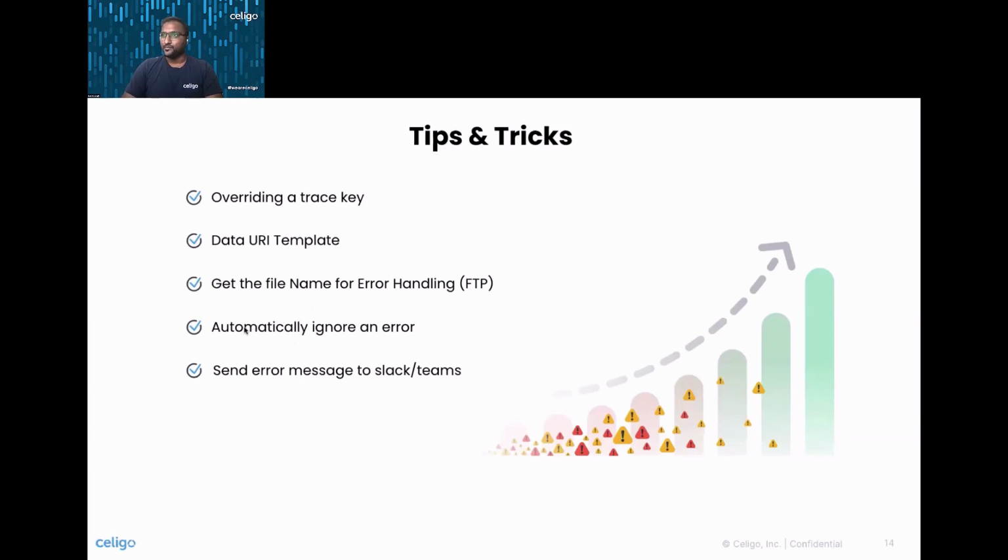Now coming to the fourth point, automatically ignore an error. Let us understand this with an example. Say you are exporting customers from your e-commerce into your ERP, and your ERP has multiple subsidiaries.